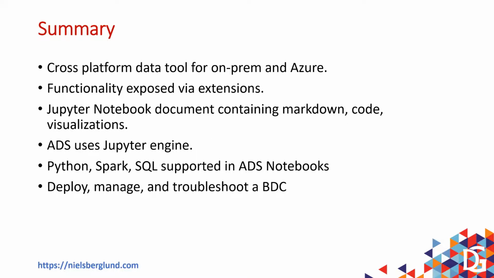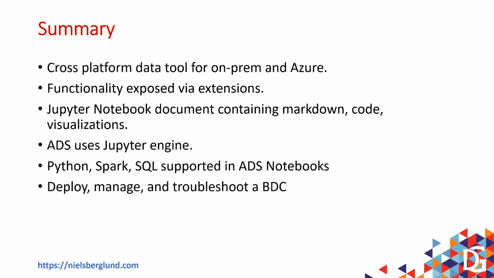Or, well, basically, you could use another cloud as well, if you had SQL Server or Postgres there. We are adding functionality by having extensions, and we saw the Sandance extension and the import extensions. And Jupyter Notebooks are documents that contain markdown, code, visualizations, and results, all interleaved in the document.